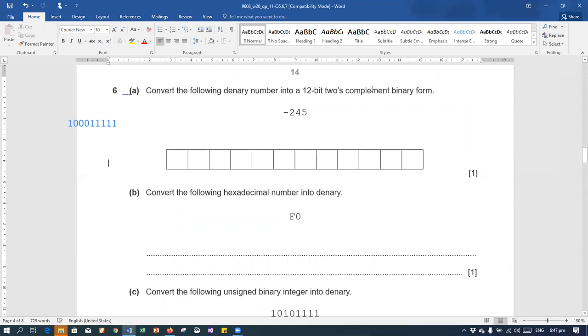It's 245, and since it's minus, we would write 1 here in the beginning. Okay, now 1, 2, 4, 8, 16, 32, 64, then 128, and 256, and then 512.